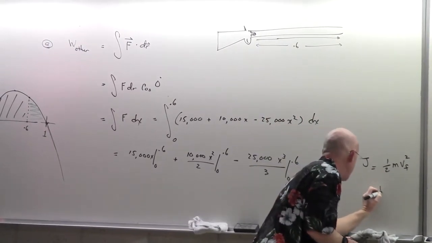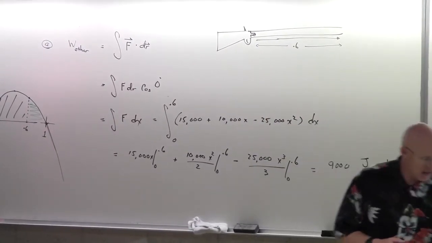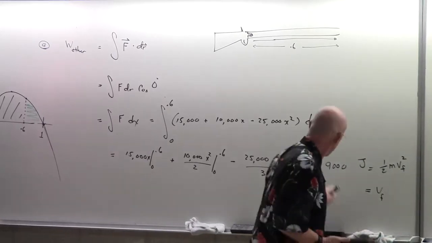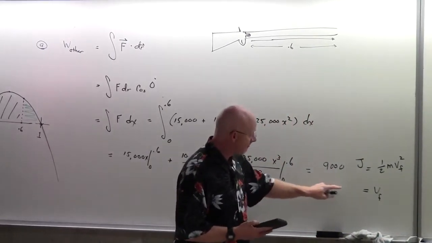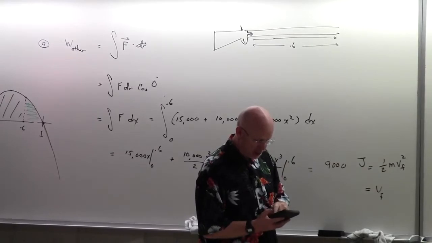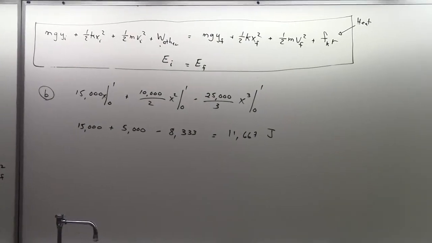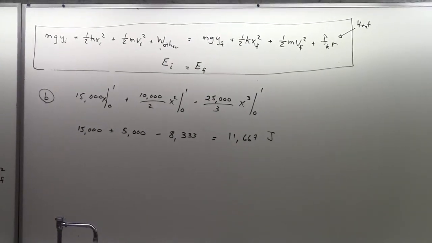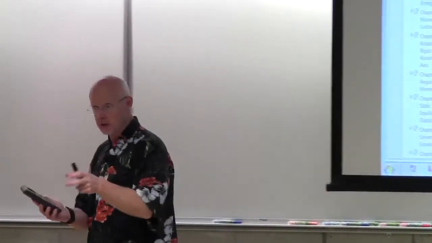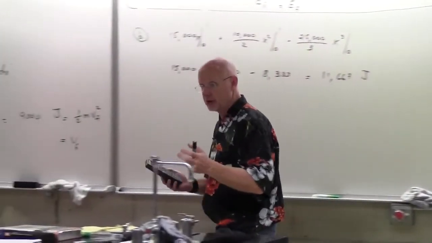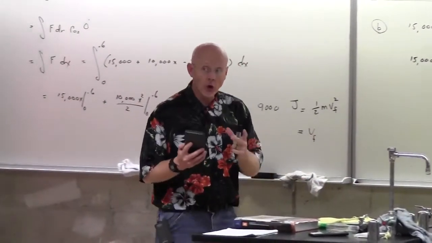So keeping that in mind and getting out my calculator, I can take this work of 9,000. I can multiply it by 2. I can also divide it by the mass of the bullet, which I think they said 100 grams up here. Now watch my units here. I'm going to divide by 0.1. And so again, let's go back to chapter 1. Watch your units. Okay. Our work is in joules.